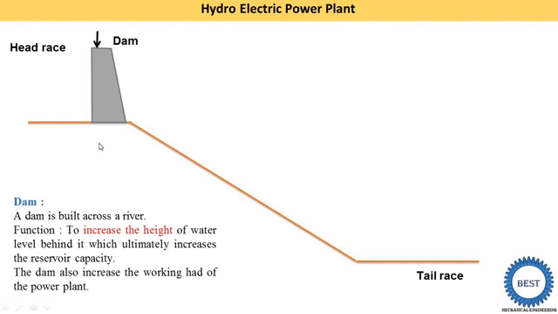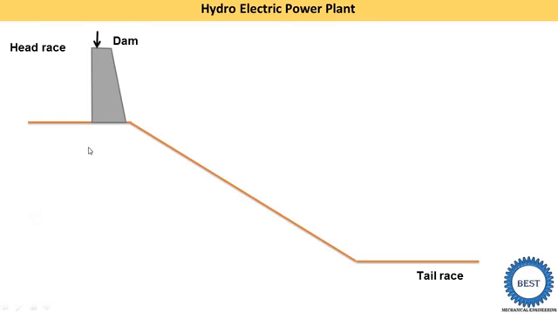Now another component is the catchment area and reservoir. They are not indicated in this animation or layout, but they are important components to explain when the question is asked in the examinations. So the next component is the catchment area. From this word we can understand the meaning of catchment. In cricket, if a fielder catches the ball, it means they are catching the ball.